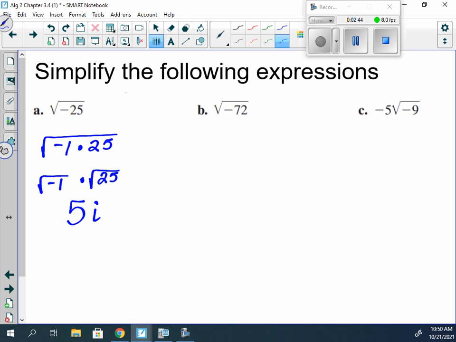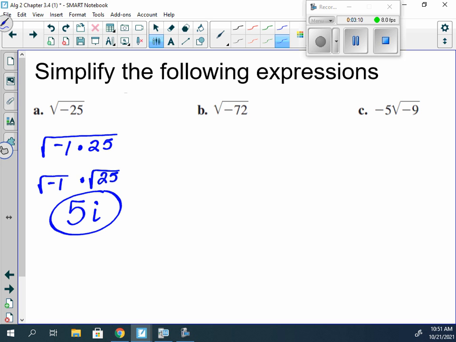So the square root of negative 25 is 5i. And that's it. Any questions on this here so far? Let's look at the next one.